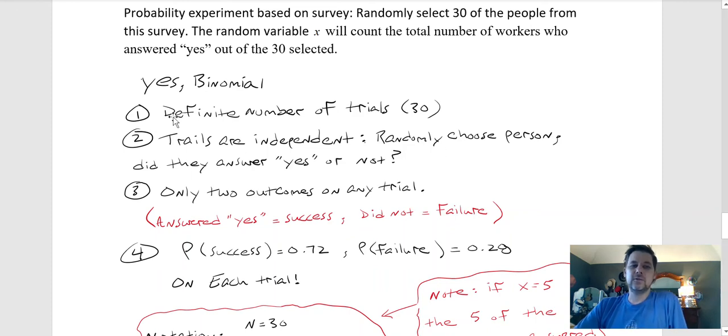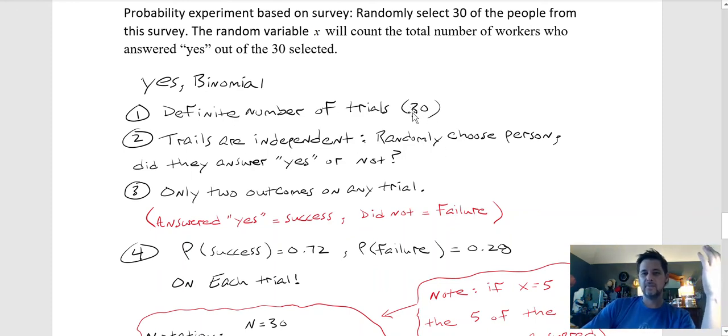So the trials are independent. As you go through that group of 30 people, their answers have already been recorded, and they're not going to change, okay? So as you go one by one, the recordings are definitely independent of each other. What happens on one can't affect the others at all.